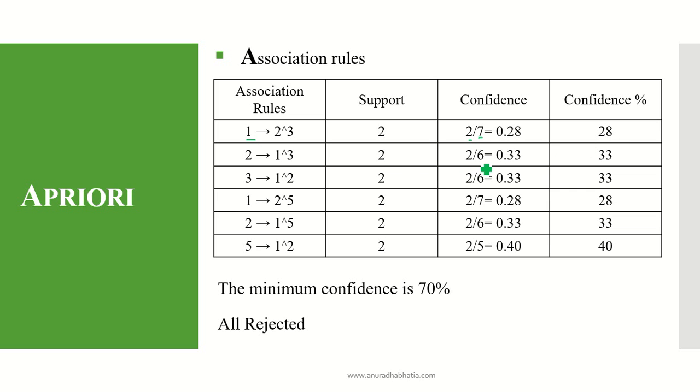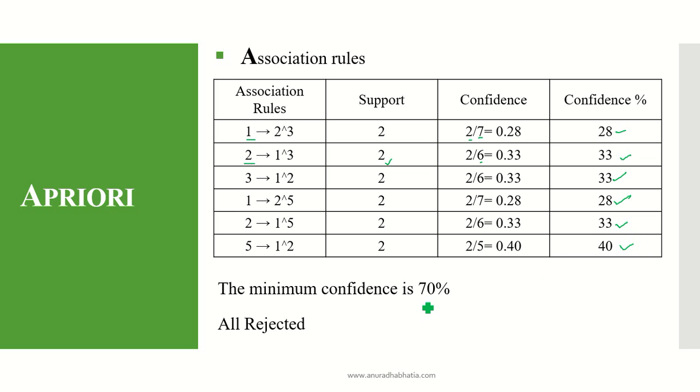2 divided by 6, where support is 2, and 6 is the support of 2 in C1. It was 6, so it is 0.33, and further we calculate. When we convert this into confidence percentages, the first one gets 28%, then 33, 33, 28, 33 and 40.